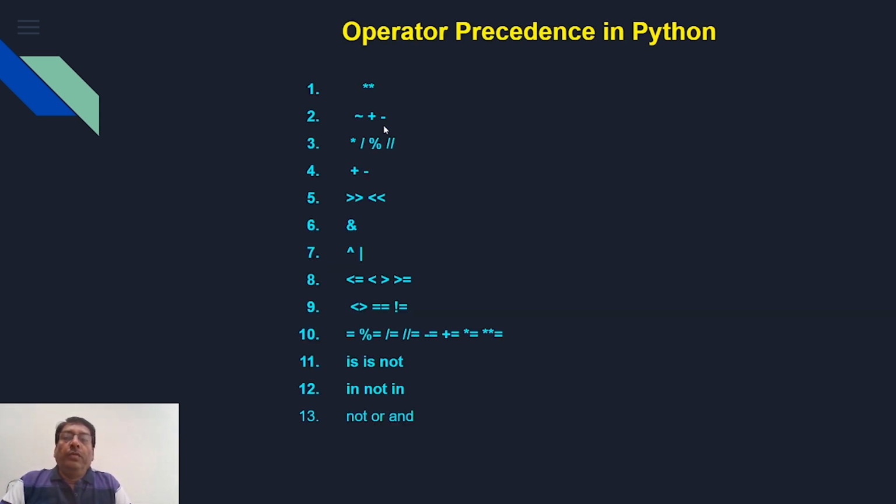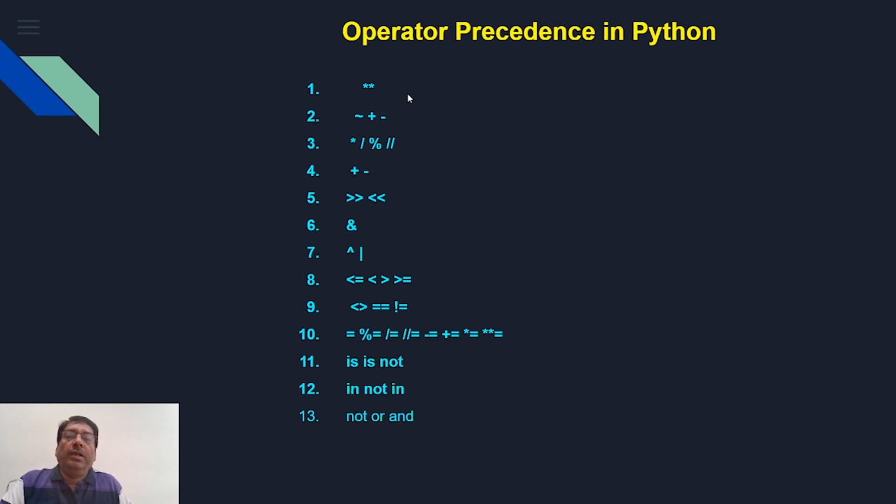So before we go for it, let's try to understand what is the precedence of operators that we have in Python. Precedence is, if you are working with multiple operators in a statement, then which particular operator works first.